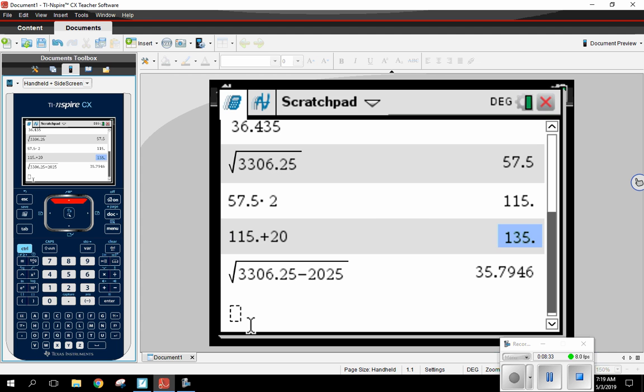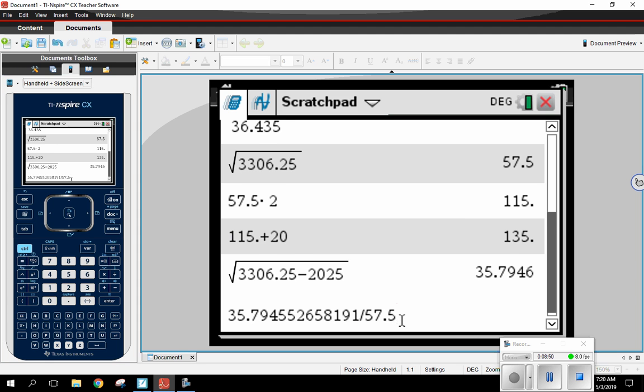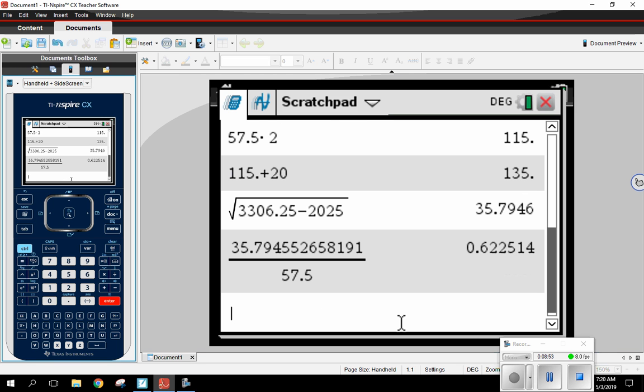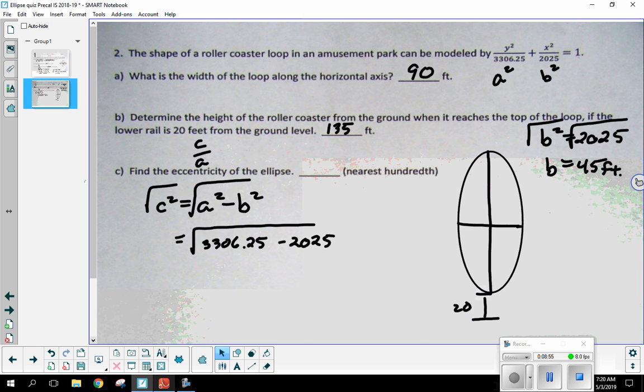So I'm going to go up here and highlight this previous one. It might help if I push divide by. Let me highlight that previous one. There we go. So c divided by a. And I'm going to end up with 0.62 when we round it to the nearest hundredth.